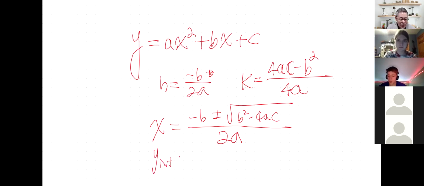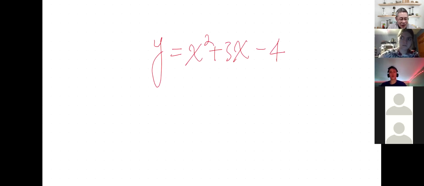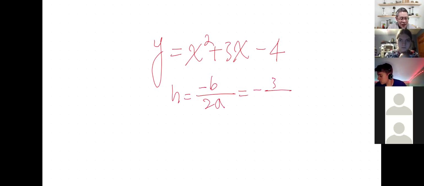So when we have a function, for example, y equals x squared plus 3x minus 4, then we know that our h is negative b over 2a, which is negative 3 over 2, and our k is 4 times a, which is 1, times c, which is negative 4.